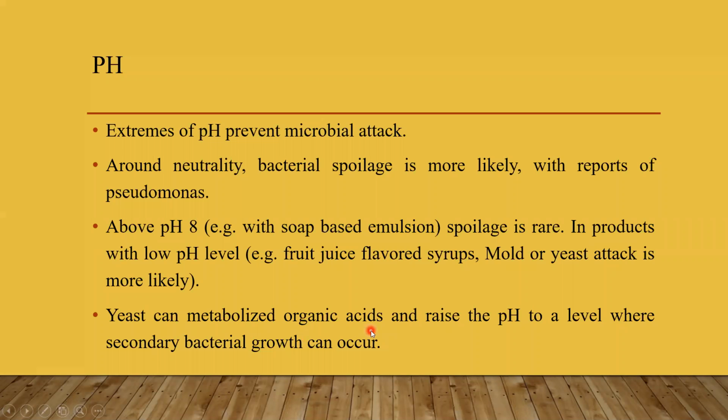Yeast can metabolize organic acids and raise the pH to a level where secondary bacterial growth can occur. The organic acids present in the formulation can be used by yeast for their metabolic activities, raising the pH of the formulation to the level where secondary bacterial growth can occur.